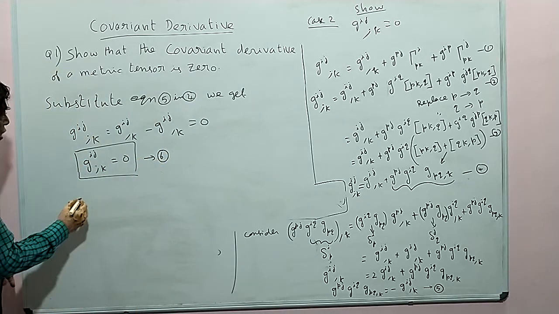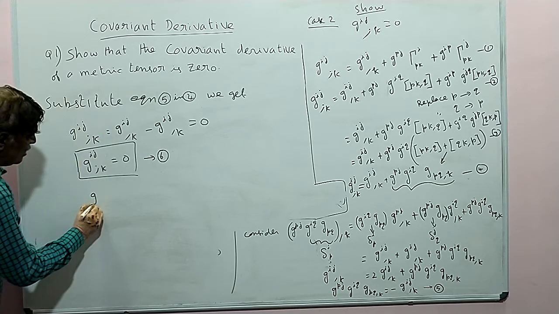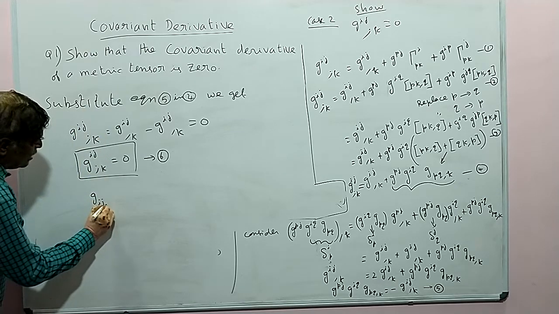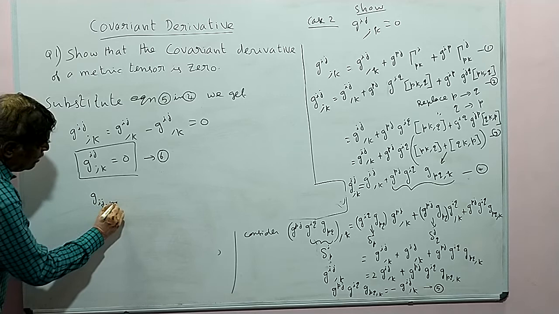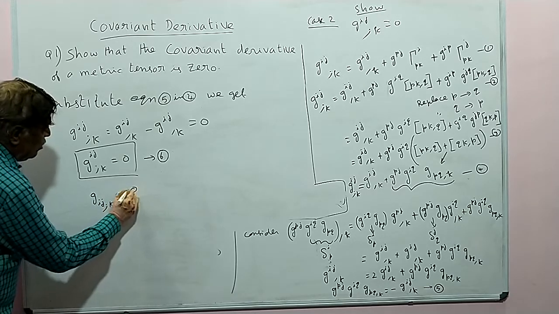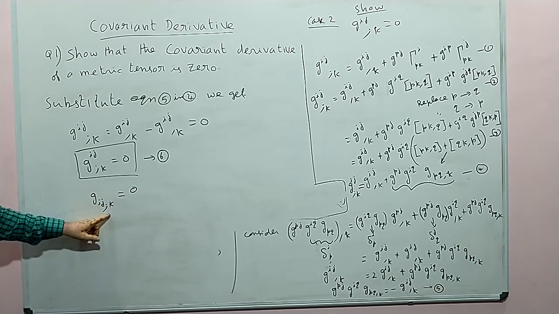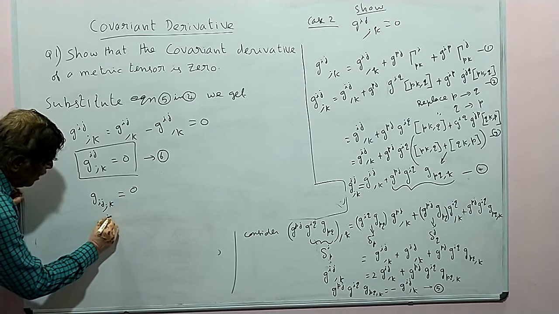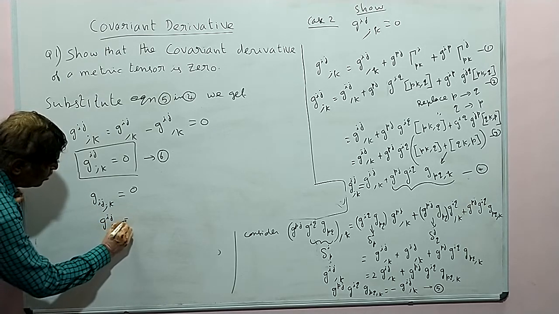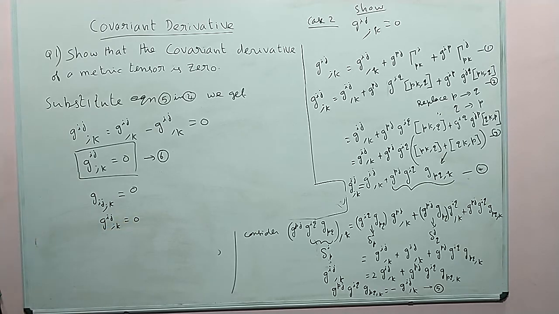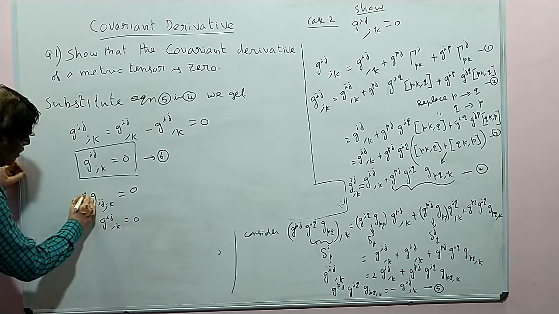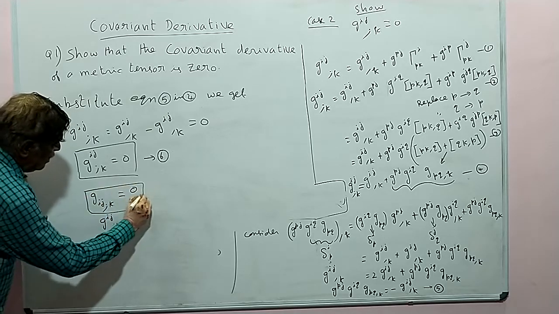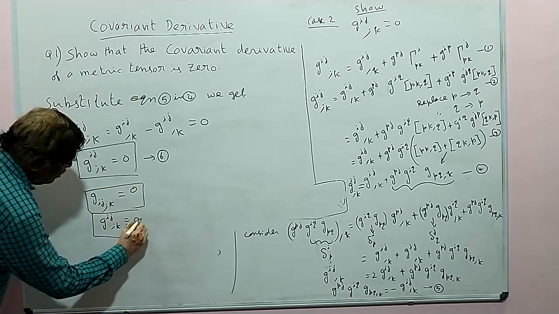So we have two expressions. One is according to the case 1, g ij semicolon k is 0, this is the covariant derivative of the covariant metric tensor, and g ij semicolon k is equal to 0 is the covariant derivative of the contravariant metric tensor, and there is a special name for these two expressions.